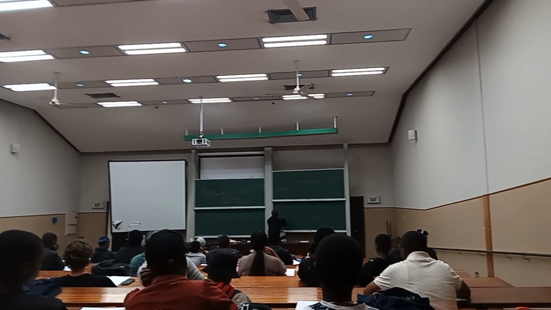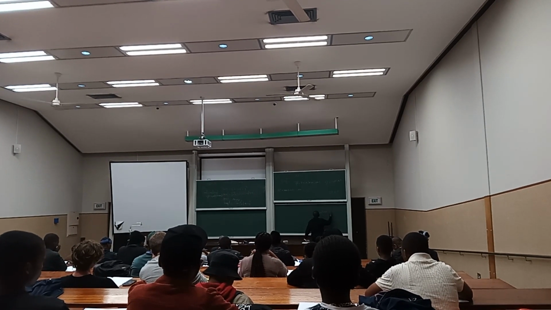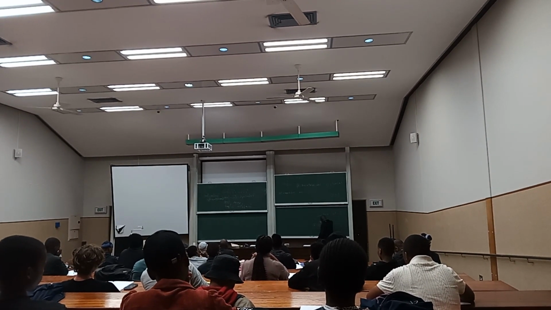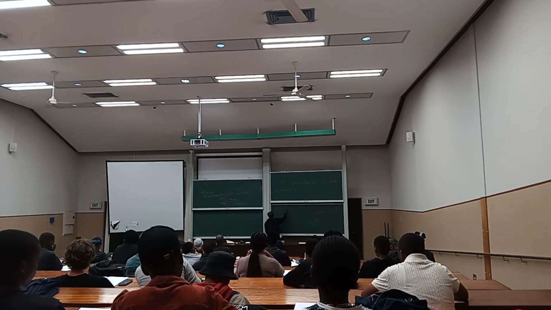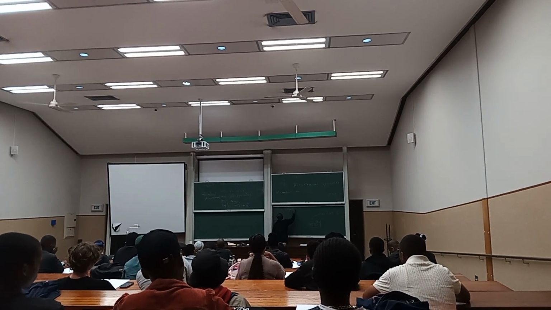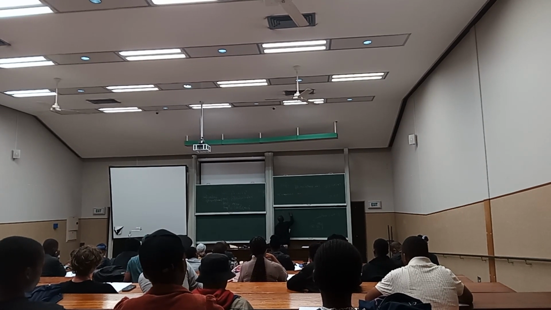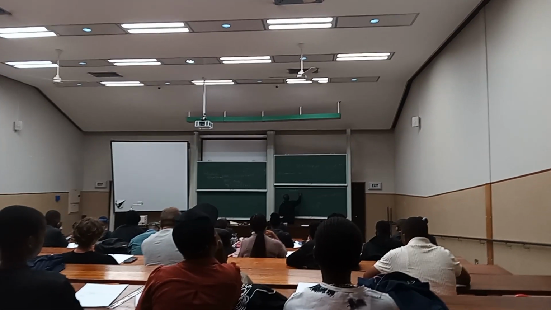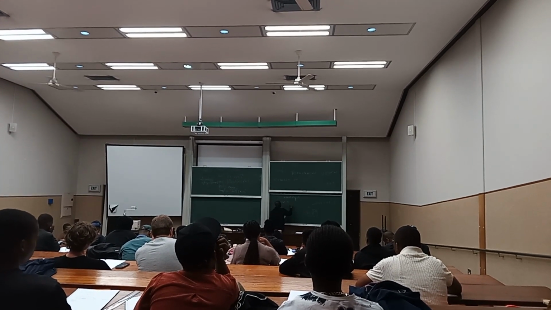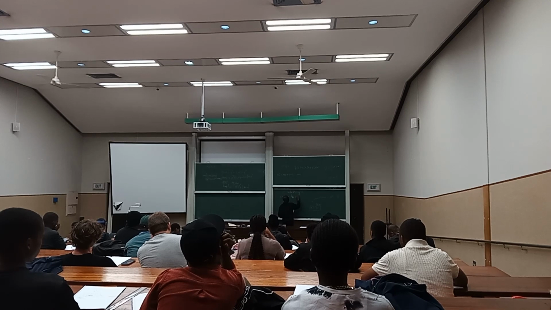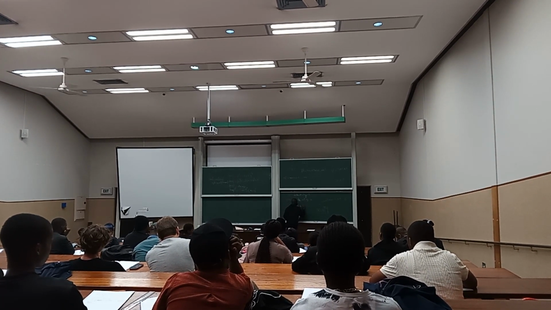So in general, here we want to choose 2 out of 3. And in general, we have n distinct objects, and we want to choose k out of the n, where k is less than or equal to n.